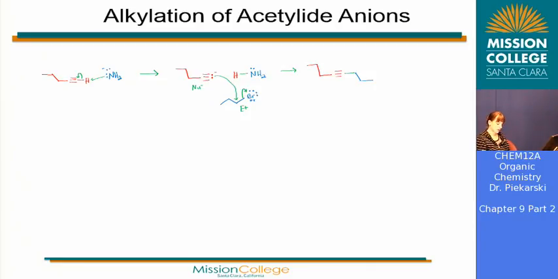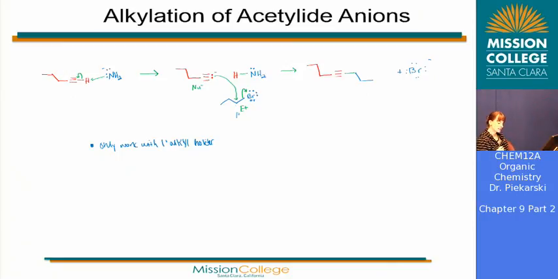Okay? Now I just wanted to emphasize here that this can only work with primary alkyl halides. So for example here, this was a primary alkyl halide because this carbon is only attached to one other carbon.